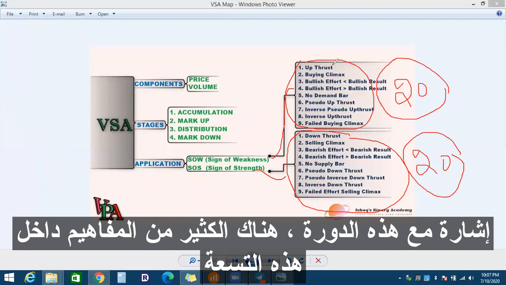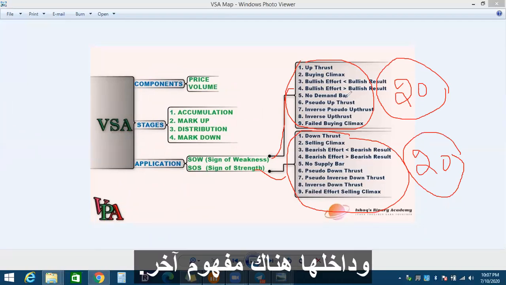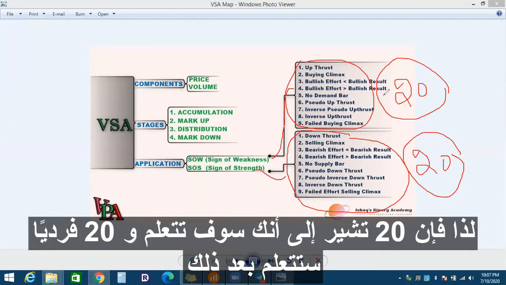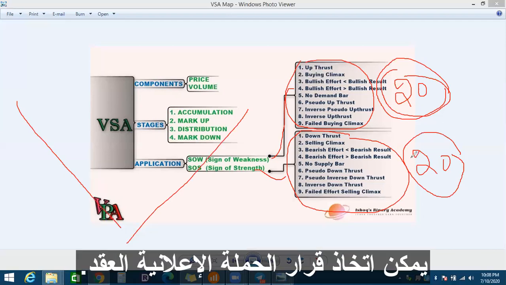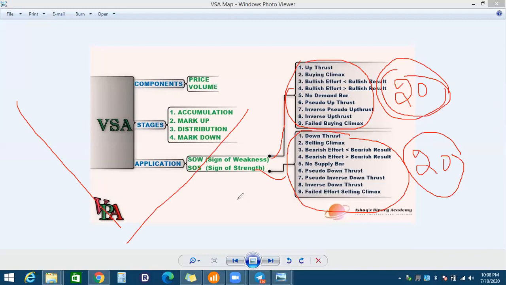So there are so many concepts. Inside these are 9, and inside these there are other concepts. 20 signals you will learn in the downtrend, and 20 signals you will learn in the uptrend. From these 20 signals, you can make decisions about whether you are selling the contract or purchasing the contract.